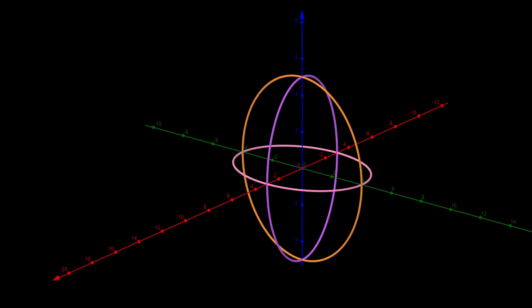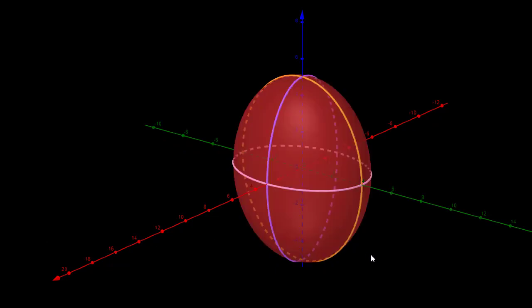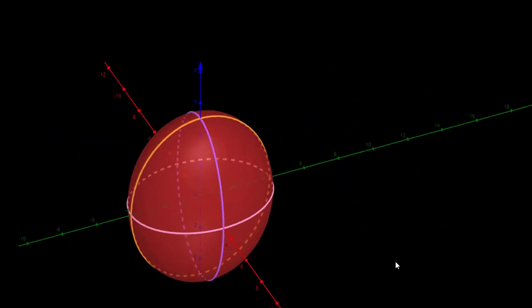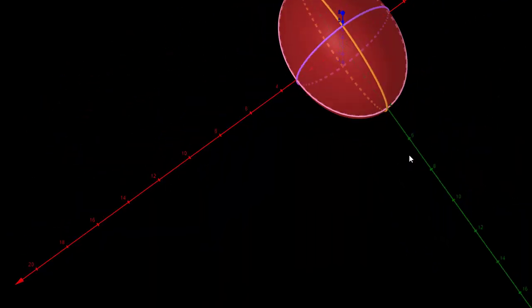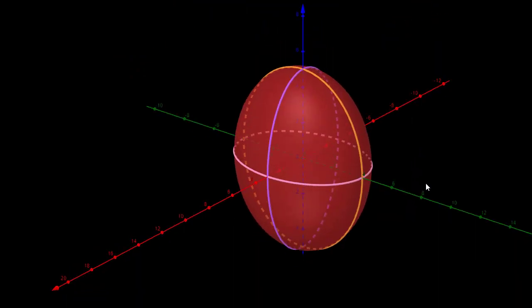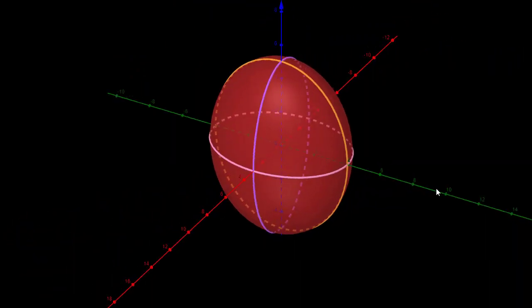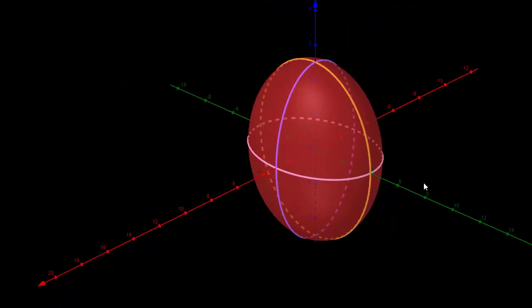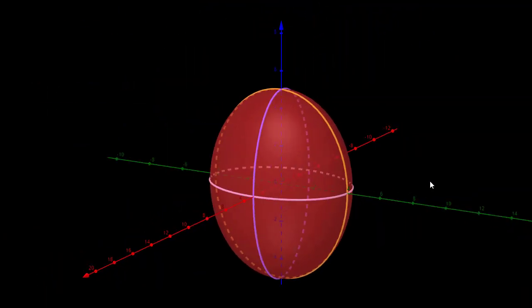Now, if I actually put in the surface itself, here's the surface itself, and you see what the traces are doing. They are basically, like I said, showing the skeleton of the graph. Okay, so that's what traces do for us.